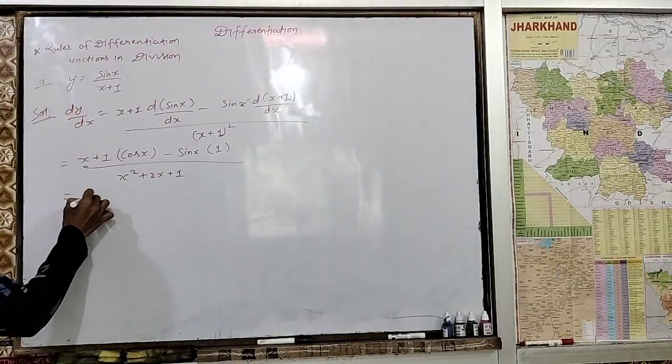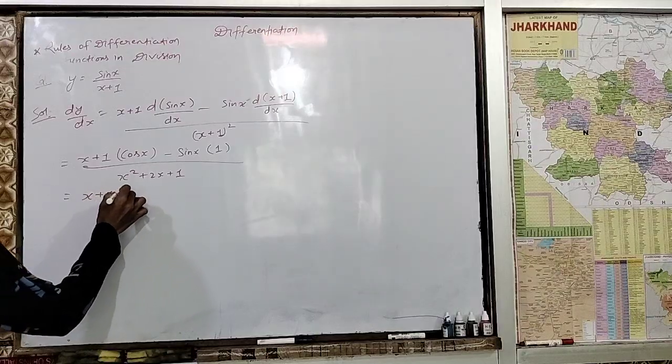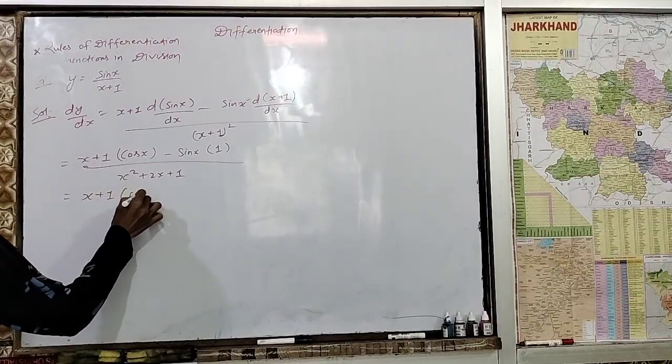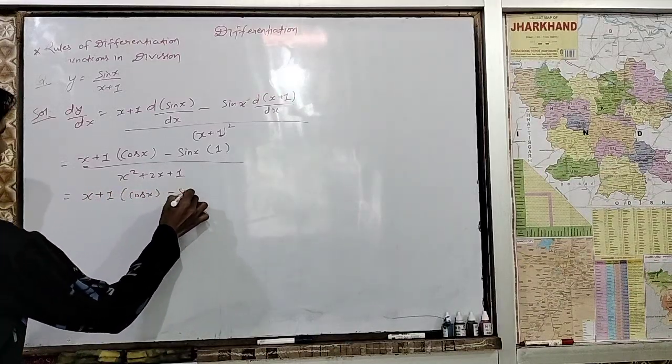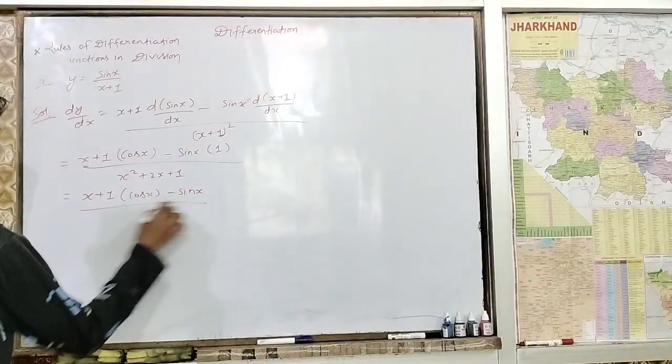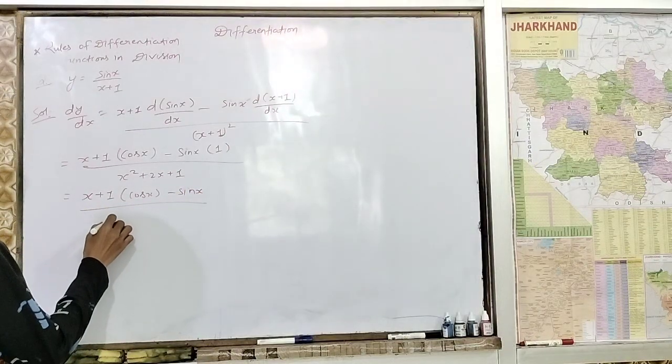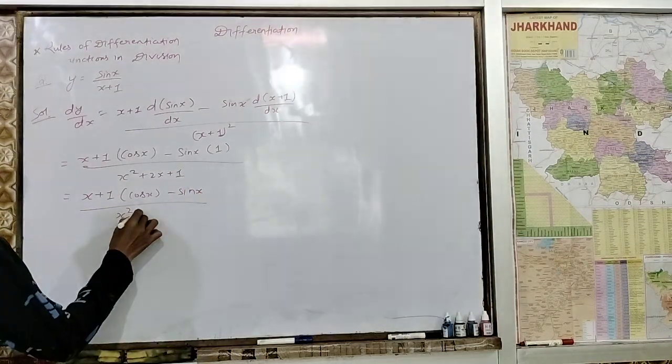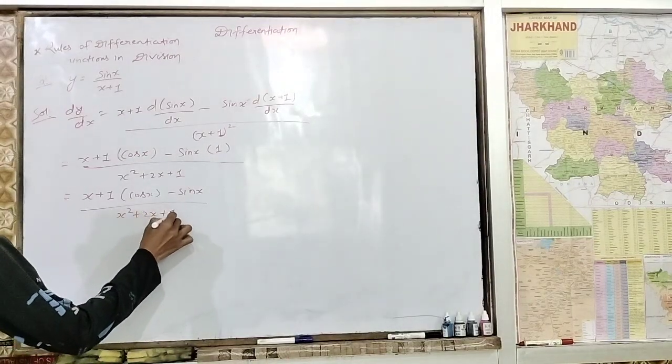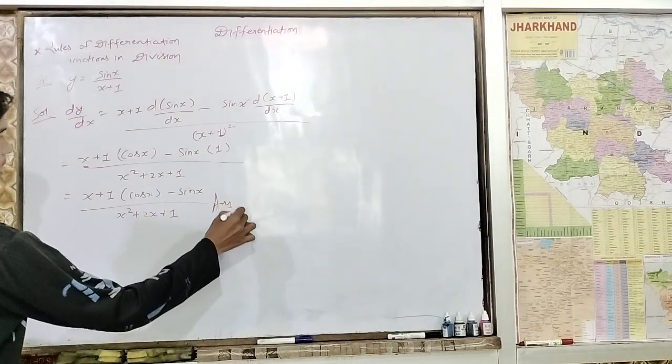Okay, now (x plus 1) into cos x minus sin x upon x square plus 2x plus 1. This is our final output.